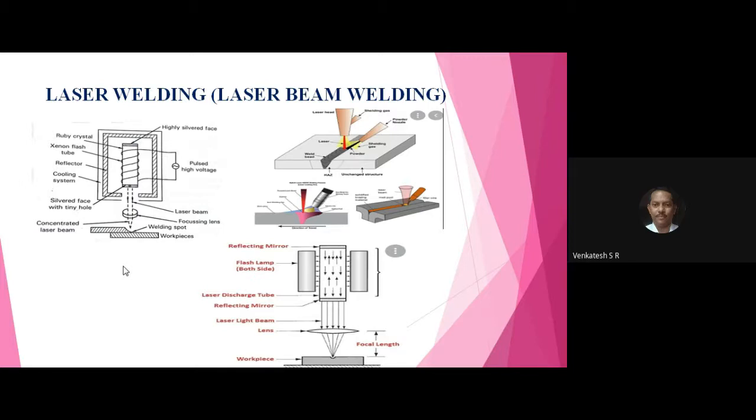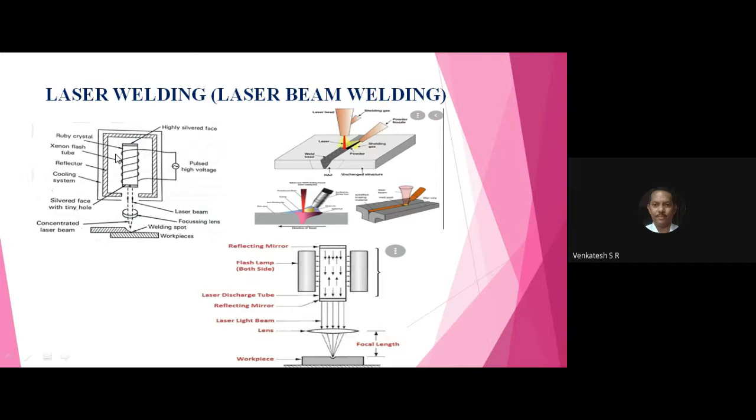First, this is the ruby crystal, which is controlled by a transformer with high voltage current.